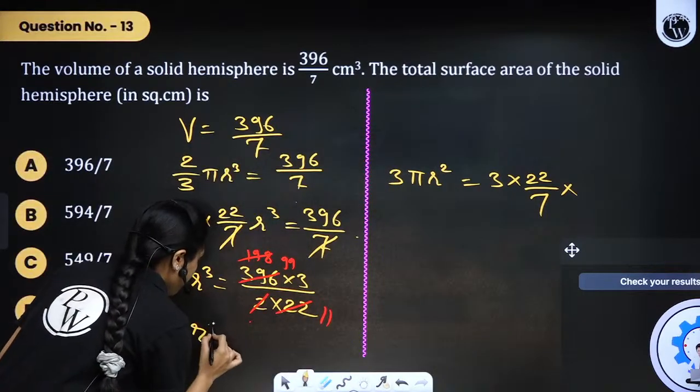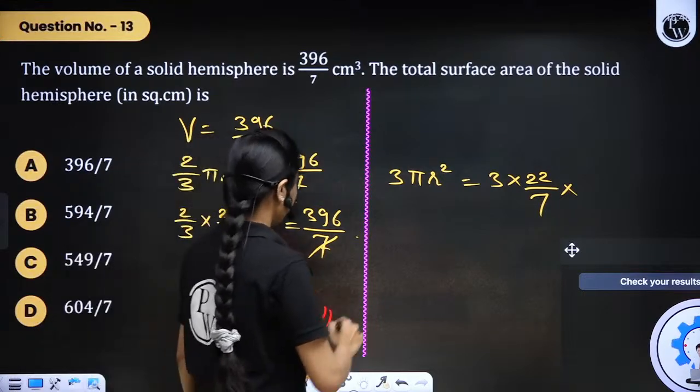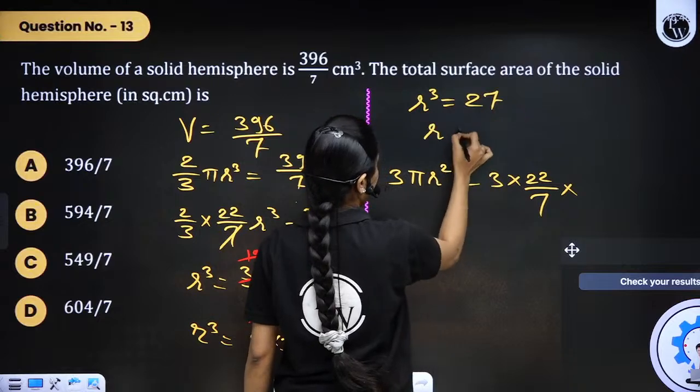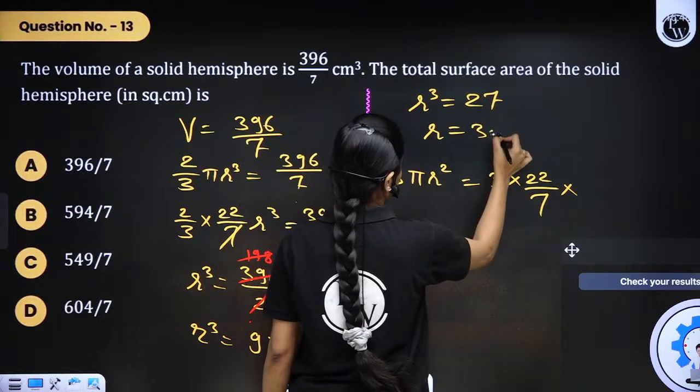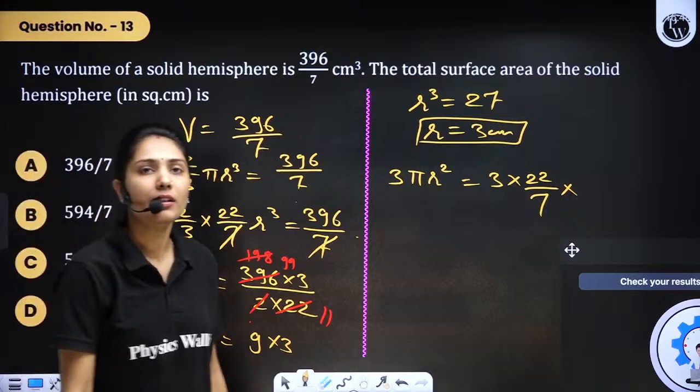So r cube is 9 into 3, so r cube is equal to 27 and r is 3 centimeter. The value of radius that we are getting is 3 centimeter.